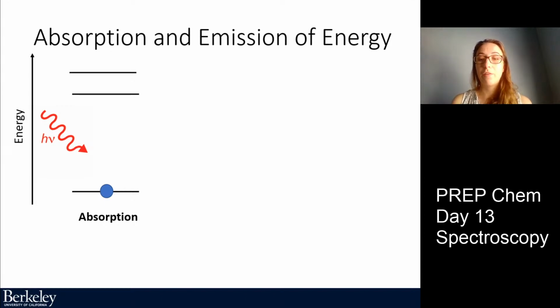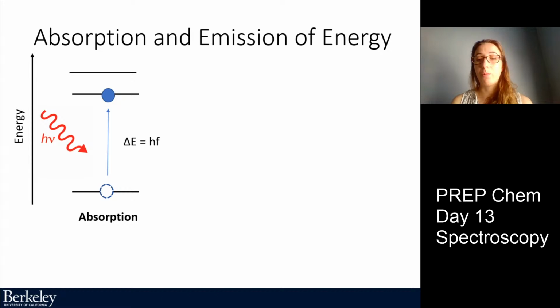This incoming photon, like we learned yesterday, will actually deposit energy into our material. And this is the same thing as absorption. So when this material absorbs this incoming photon, it absorbs energy. And that energy causes an electron to move from the low energy level to a higher energy level, like seen here.